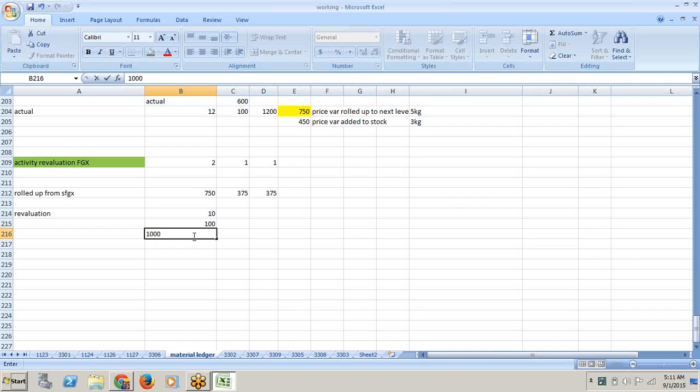This 1000 rupees will be distributed between the finished product sold and the one kept in stock, so again 1 kg and 1 kg.